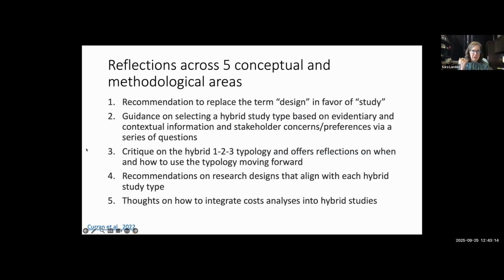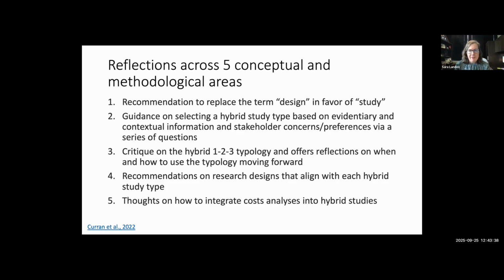So the paper talks in general about 5 things. Replacing the term design in favor of study or approach, which will help you when you're writing a grant, because then you can say we're using a hybrid approach and here's our study design. Maybe it's a randomized controlled trial. Maybe it's a single arm trial, observational study. It gives you some guidance on how to select a hybrid type based on the evidence in your context.